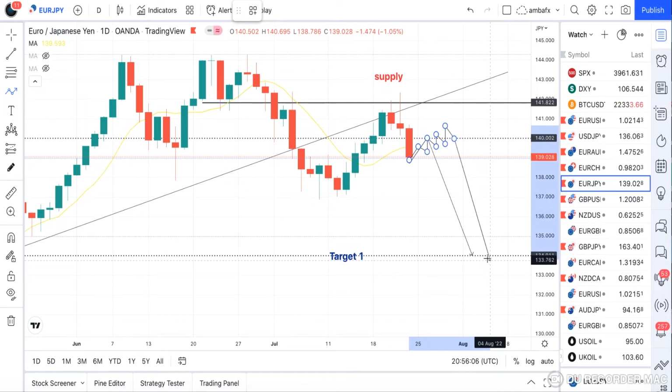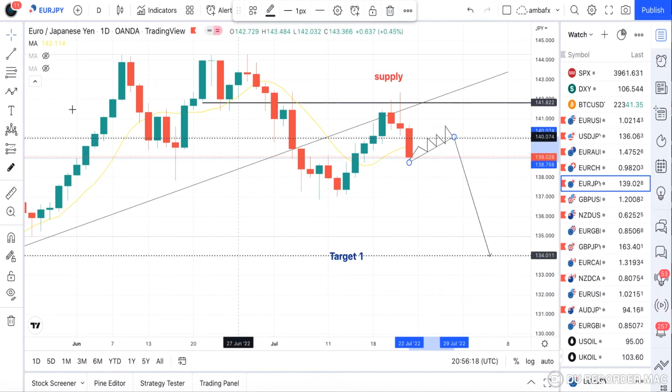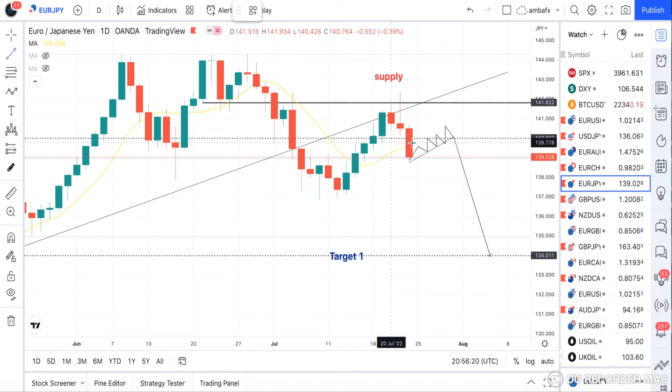We should see euro pairs to the downside. So any retracement to the upside will give us an opportunity to look for a bearish setup.